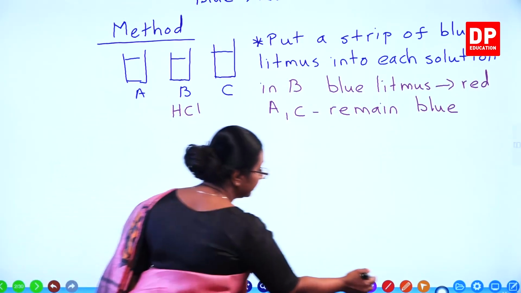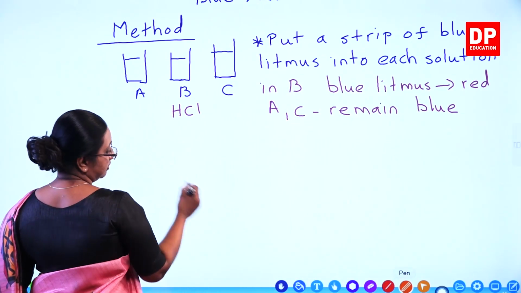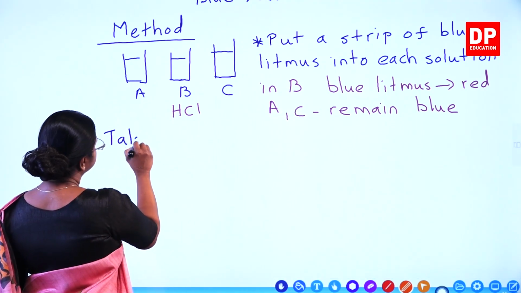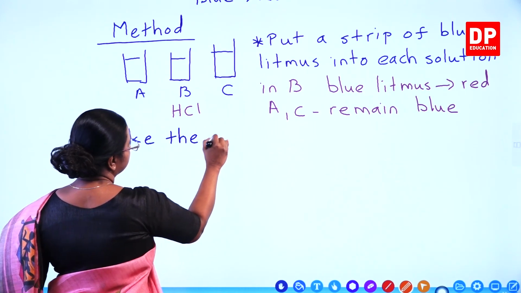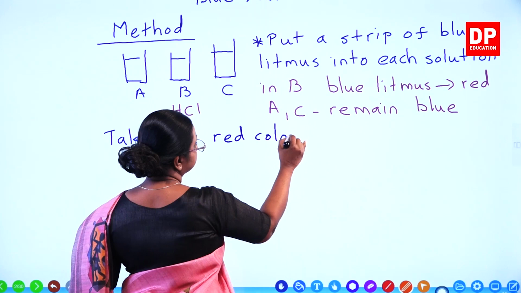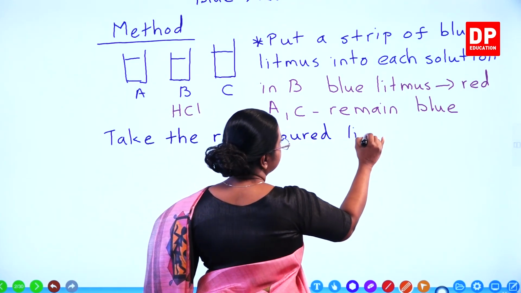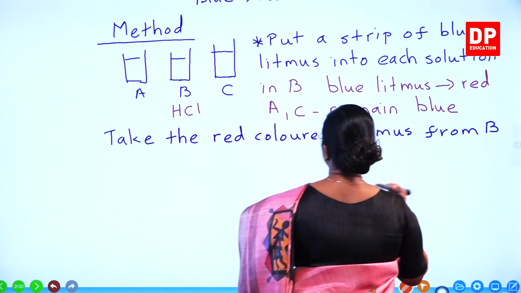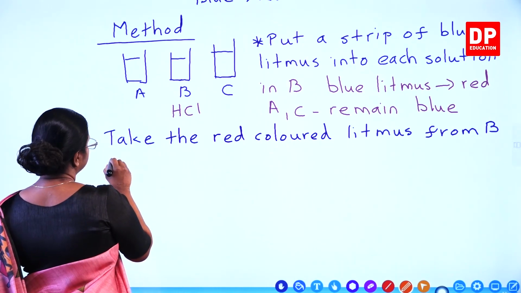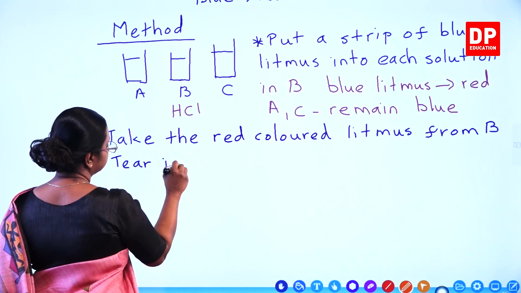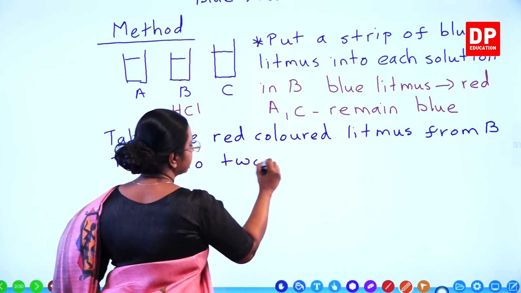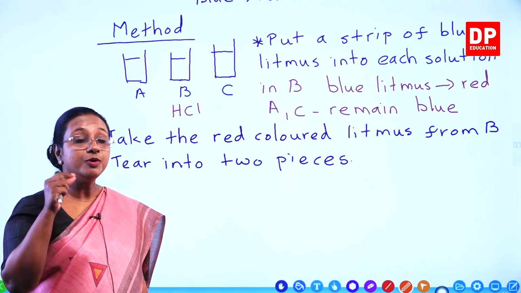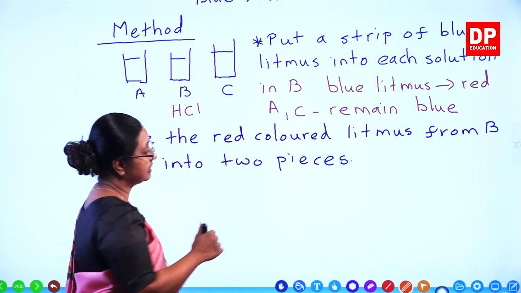You can take that red colored litmus from B, tear it into 2 pieces. Then what can you do? Put one piece into A and C.